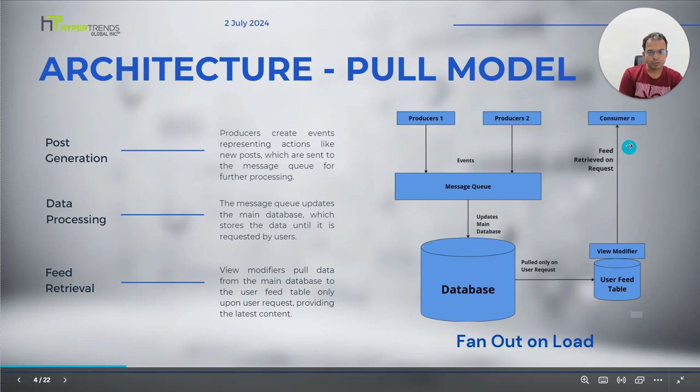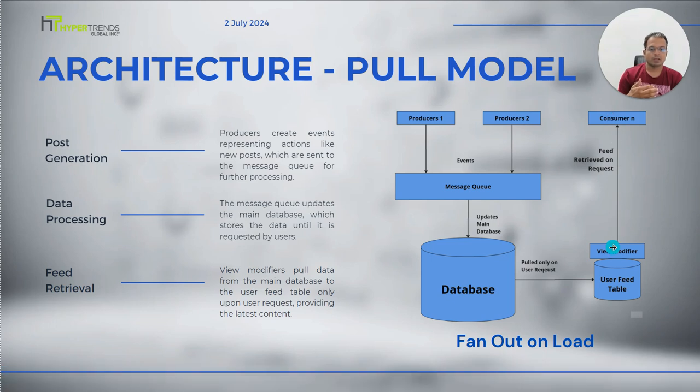Basically the consumer will request the data, and that request comes to this modifier. Of course, you can imagine it as a server or whatever, right? Then it may trigger multiple processes, maybe multiple HTTP requests, and those multiple HTTP requests eventually gather the data from different databases, do some aggregations, filtering, and everything, and then provide it to the consumer.